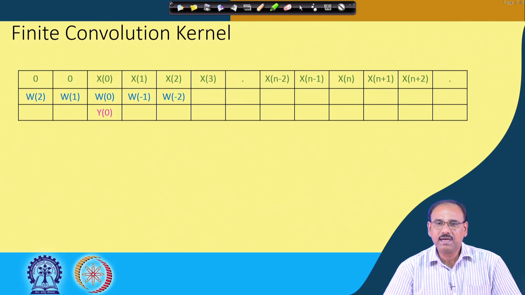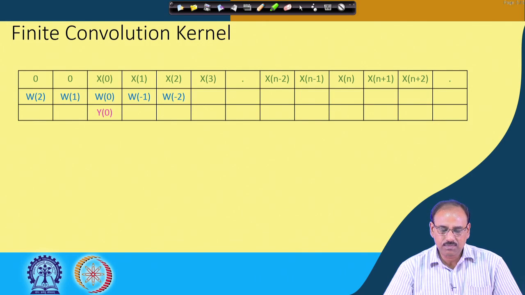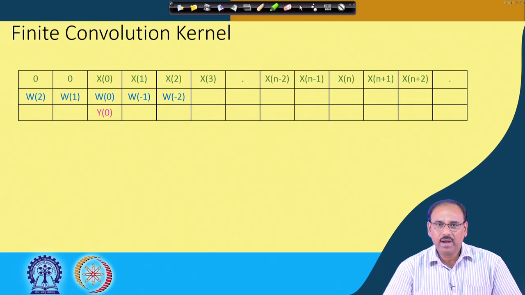The first operation that we have seen earlier is that we have to flip the kernel, then shift it to the location where I want to find the output response. My input signal sequence is x0, x1, x2, x3 and so on. When I want to find y0, the output response at time instant 0, this flipped convolution kernel is centered on the sample x0.